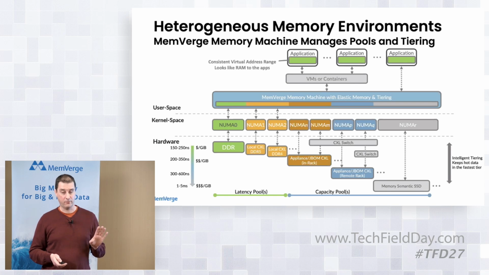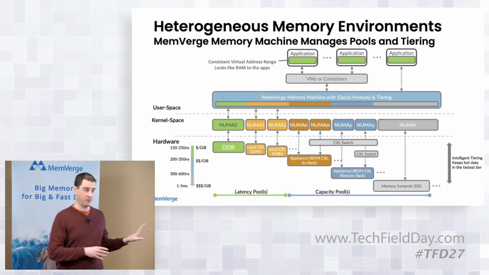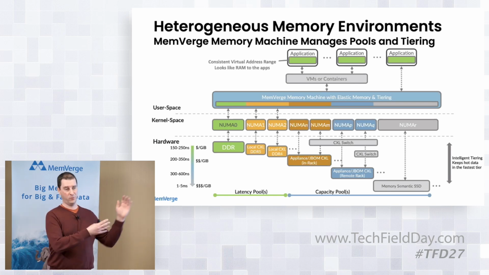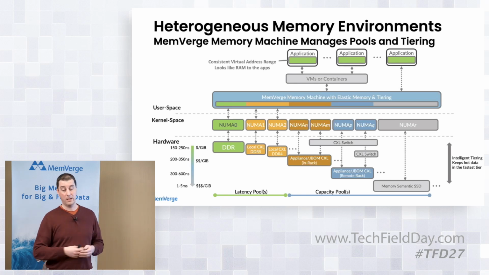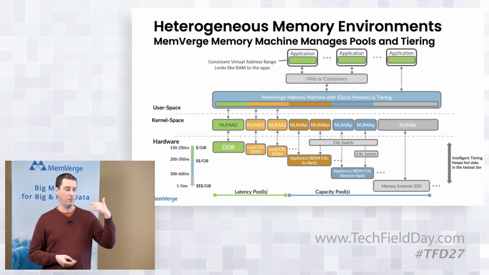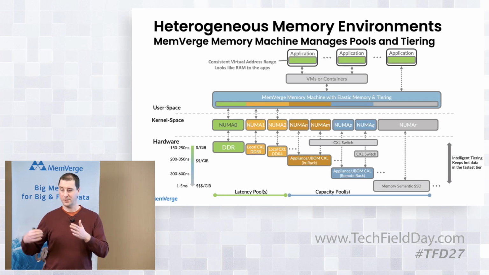Now, having said that, this opens up new opportunities. The goal isn't always to move hot data up to the fastest tier. It might be that cloud service providers offer different types and classes of memory. You can think of a cloud service provider offering a platinum, gold, silver, bronze type of memory, meaning the data tiering stops when you hit the type of memory that you're allowed to access.